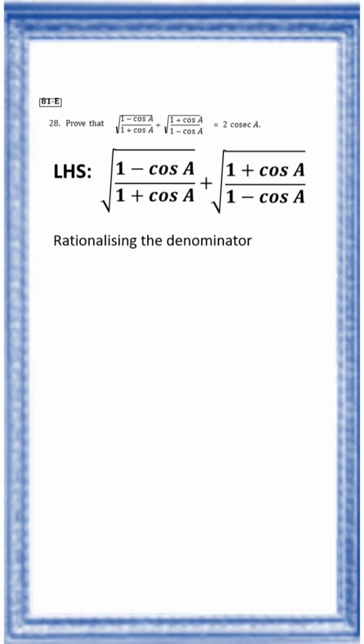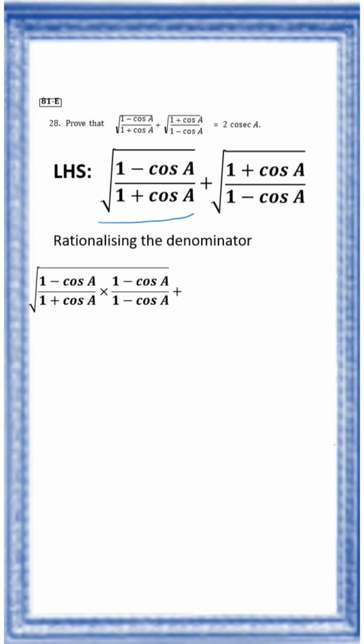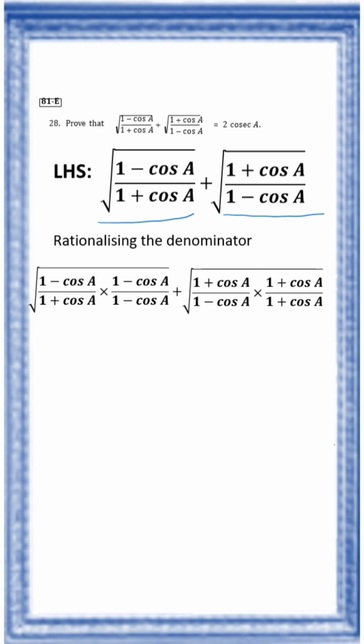Now rationalize the denominator. For the first term we have to multiply both numerator and denominator by 1 minus cos A. For the second term we have to multiply both numerator and denominator by 1 plus cos A. Here in the numerator, 1 minus cos A into 1 minus cos A is equal to (1 minus cos A) the whole square.